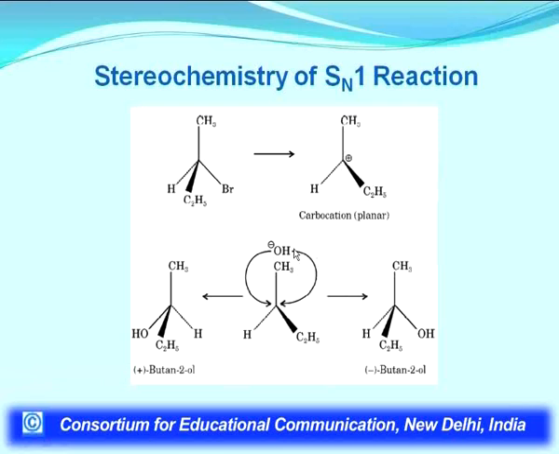So, the attacking group in the meantime has more chances of attacking from the opposite side. Until this halide ion moves slightly away from here, so that the nucleophile can attack from this side also, there is a possibility that more nucleophiles attack from this side, which leads to inversion. So, we find that the final product, although racemic, is not 100% racemic; slightly more inverted product is formed in comparison to the product in which the configuration has been retained.